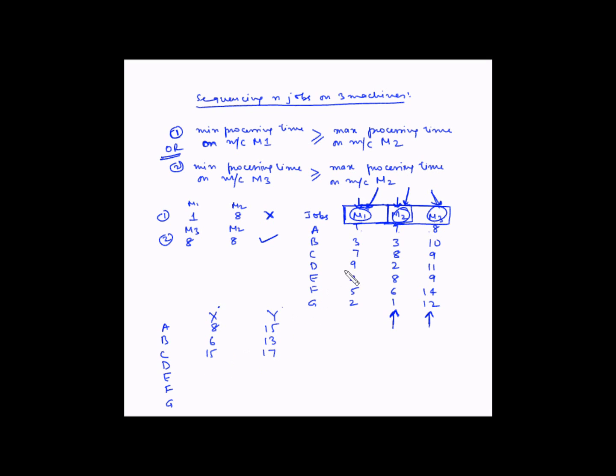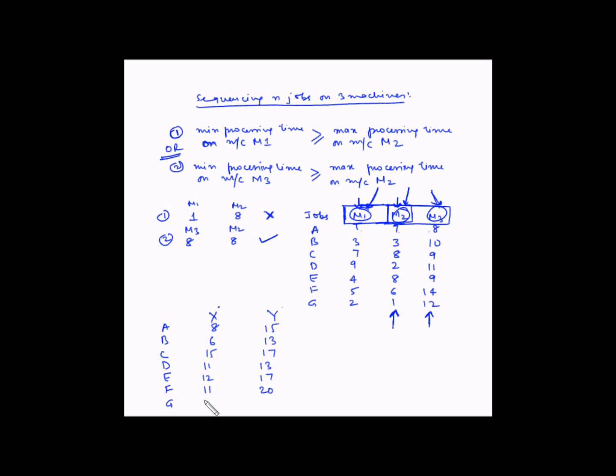For D, X is 11 and Y is 2 plus 11, 13. For E, X is 8 plus 4, 12 and Y is 8 plus 9, that is 17. For F, X will be 6 plus 5, that is 11 and Y will be 6 plus 14, that is 20.